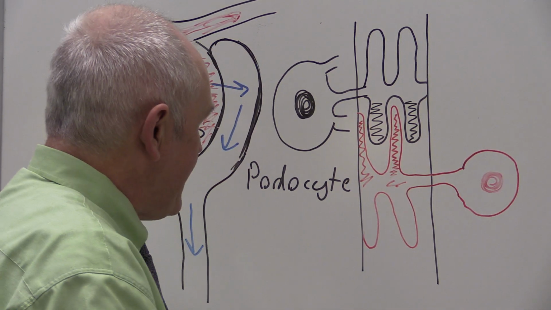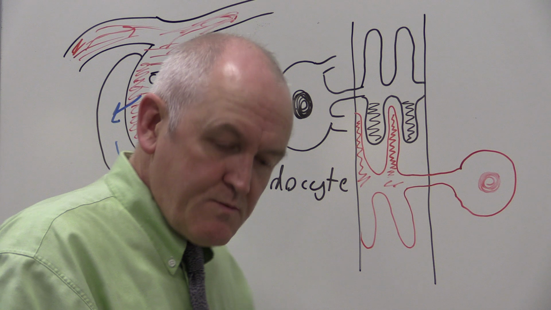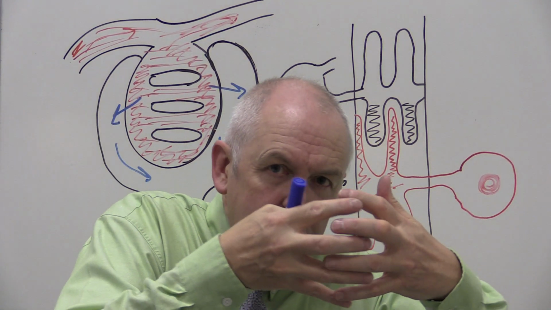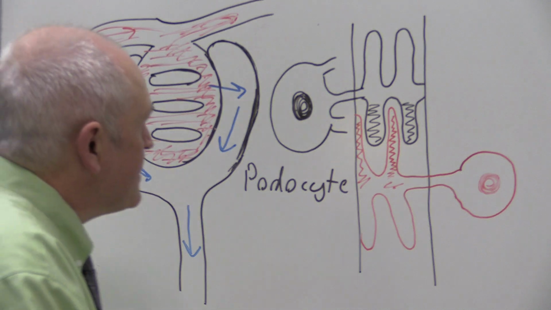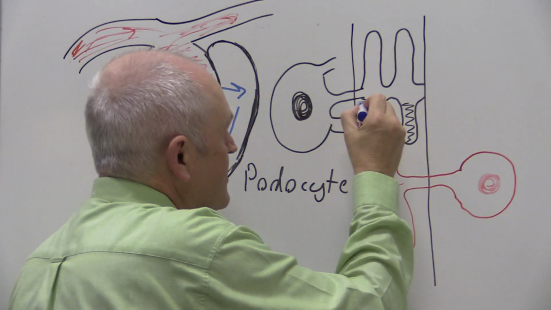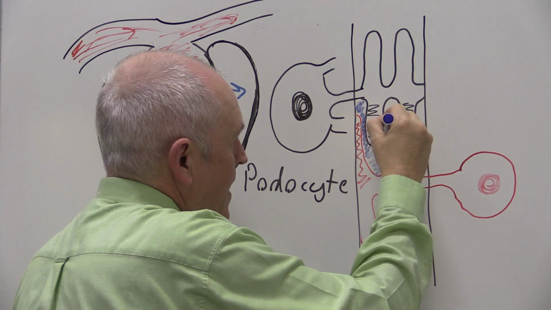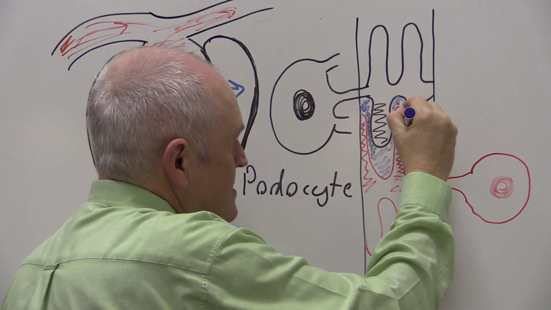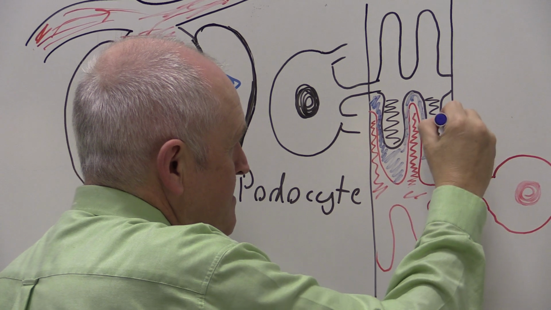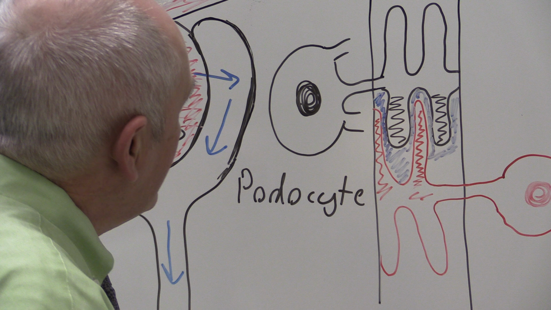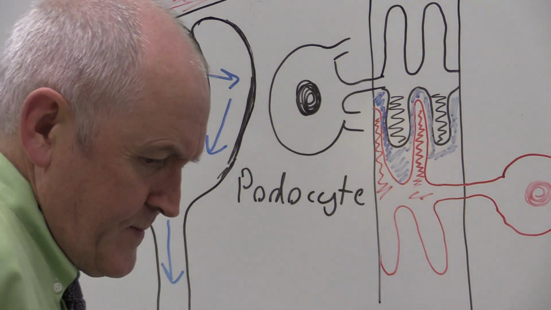I think what you can see now is we've got small gaps between these foot-like pedicle processes. So here we've got the small gaps. I'm just going to colour in blue. Small gaps between the cells, or between the pedicles that are projections from the cells.